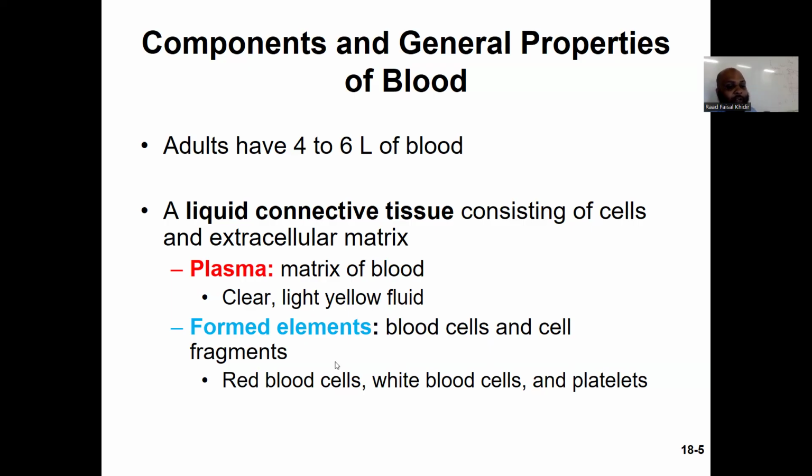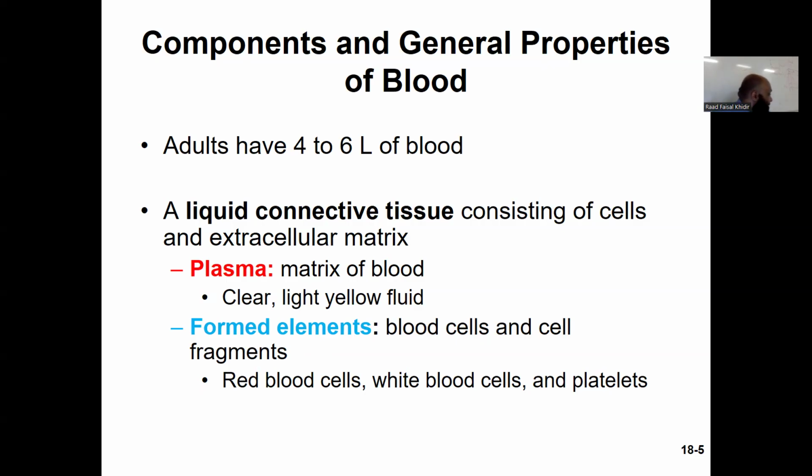So if you look down here, we have the formed elements, or some other books call them preformed elements. If you're reading the book and they say the blood has preformed elements, wait, but in lecture they say it's formed elements. Same thing, formed and preformed. What are the formed or preformed elements? The cells.